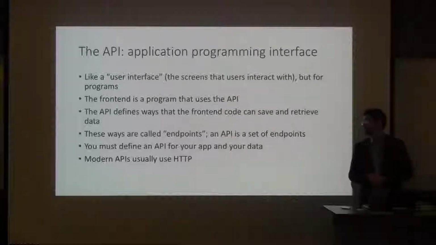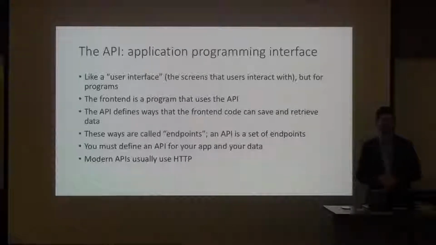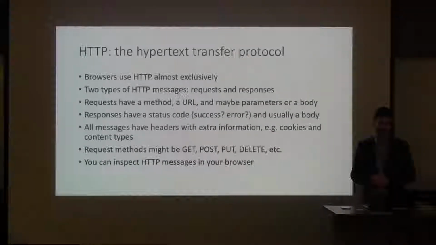Generally speaking, modern APIs use HTTP. That's not a requirement of an API, but it is far and away the most common thing that APIs do these days. HTTP, if you haven't seen that before, that's the thing that gets added, usually implicitly, to things that you type into the address bar of your browser, because HTTP is the Hypertext Transfer Protocol.